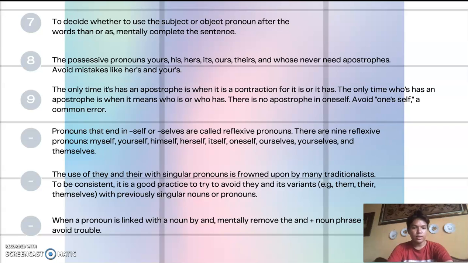To be consistent, it is good practice to try to avoid they and its variants, for example them, their, themselves, with singular nouns or pronouns. The last is when a pronoun is linked with a noun by and, mentally remove the and plus noun phrase to avoid the trouble.